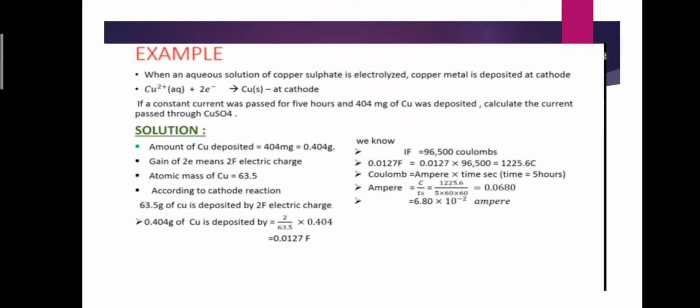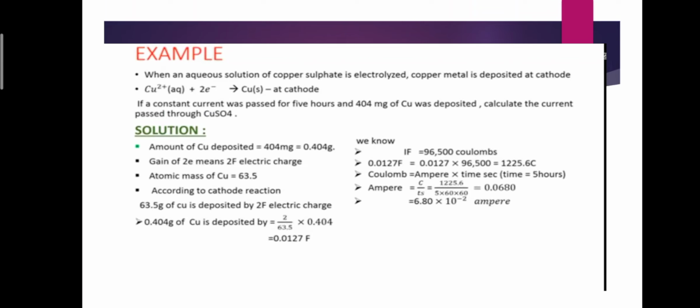If a constant current was passed for 5 hours and 404 milligram of copper was deposited, calculate the current passed through copper sulfate. Now the data: amount of copper deposited is equal to 404 milligram. When 404 milligram is divided by 1000, it is equal to 0.404 gram.